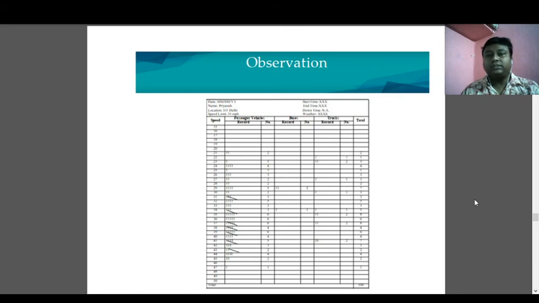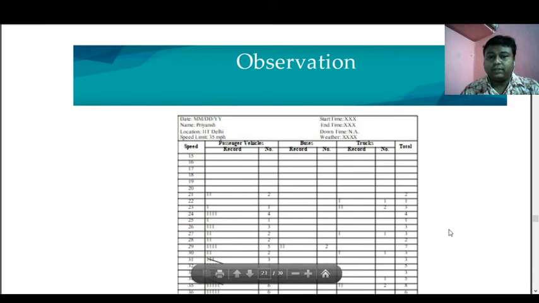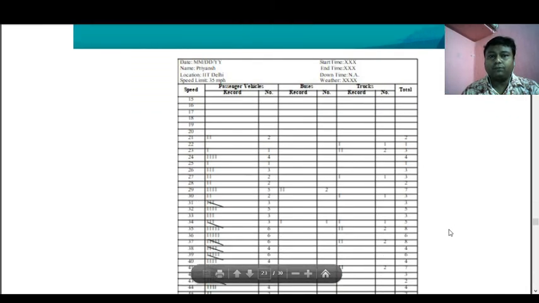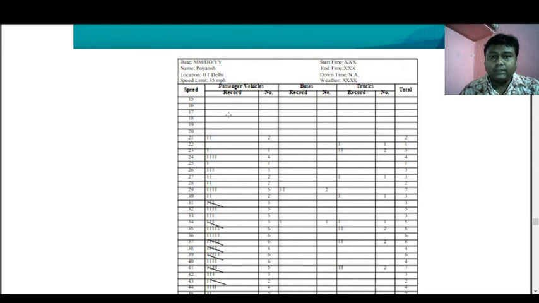So these are some observations. If I zoom in, you can find there are some calculation methods. You can find that data is recorded, the number of vehicles recorded. You can see that after a few dotted lines they cross that segment.